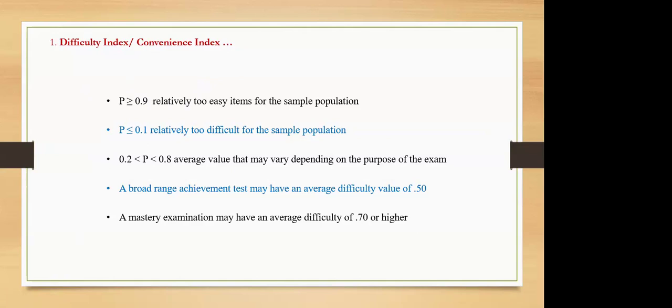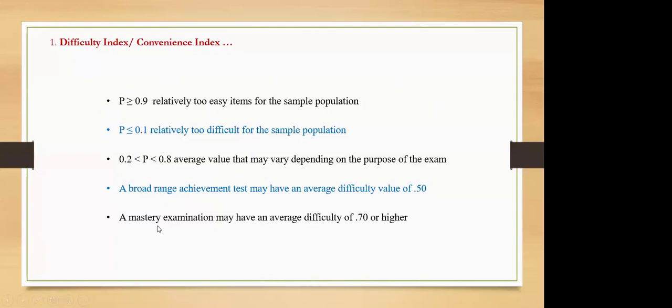If it is greater than or equal to 0.9, that is too easy. If it is lower than or equal to 0.1, that is too difficult. We can't generalize in either case. The normal range is 0.2 to 0.8, and if it is 0.5, it's moderate and okay.